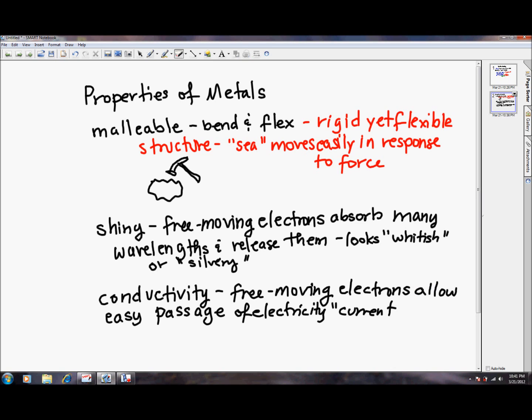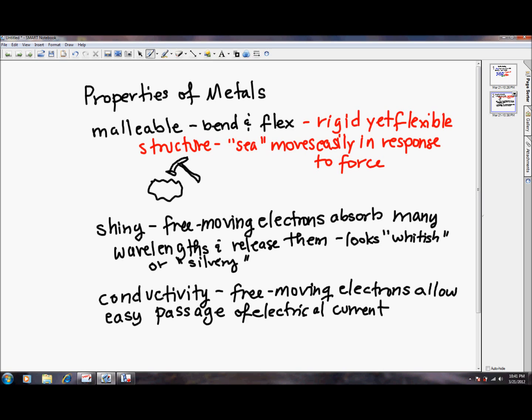Here, I'm going to go back and erase that. It should say electrical, not electricity. Right, so a stream of electrons can move easily through the sea, which is already moving in a random direction.